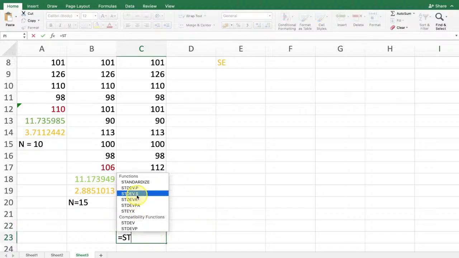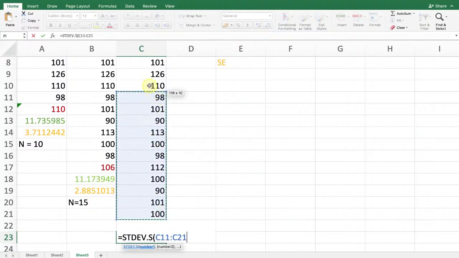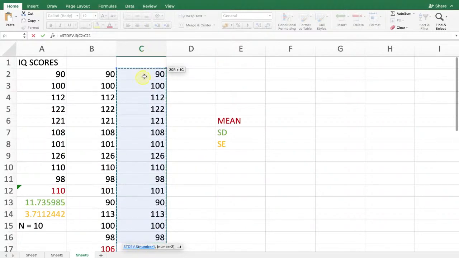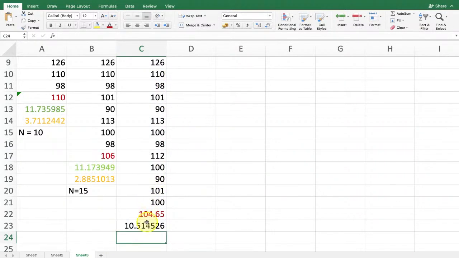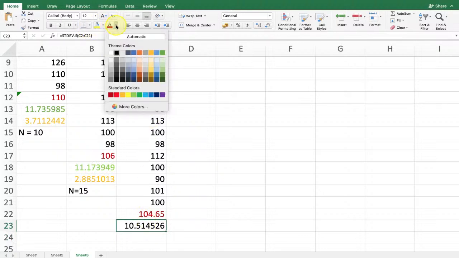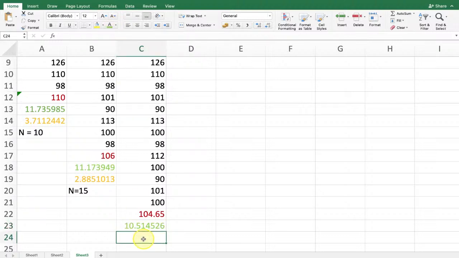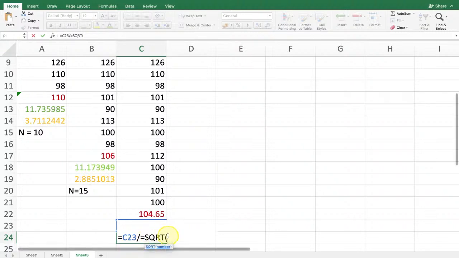The standard deviation of the sample equals, highlight once again all the scores, and this is the standard deviation. And finally, the standard error is equal to the standard deviation over the square root of 20.